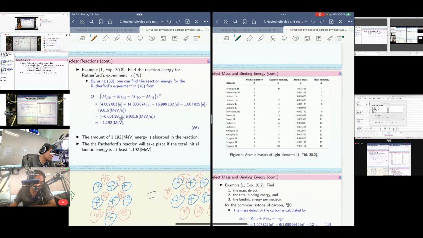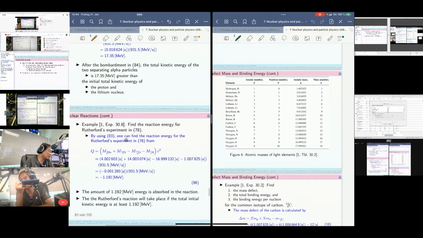But in the Rutherford experiment, the output energy is negative. What does that mean? It means there will be no kinetic energy emerging from this process, but the kinetic energy at the output is going to be reduced by 1.192.